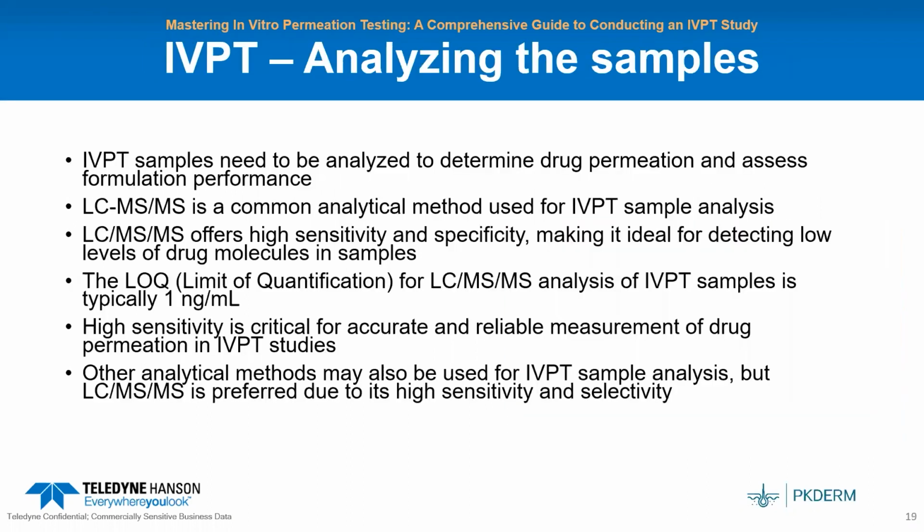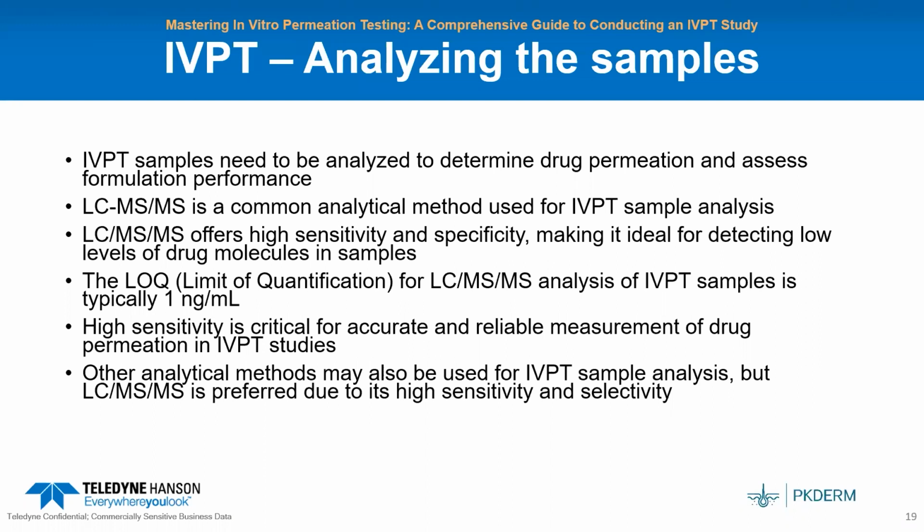So IVPT samples need to be analyzed to determine drug permeation and assess formulation performance. One common analytical method used for IVPT sample analysis is LC-MS-MS. So why LC-MS-MS? Because it is a highly sensitive and specific analytical method that can detect low levels of drug molecules in samples.